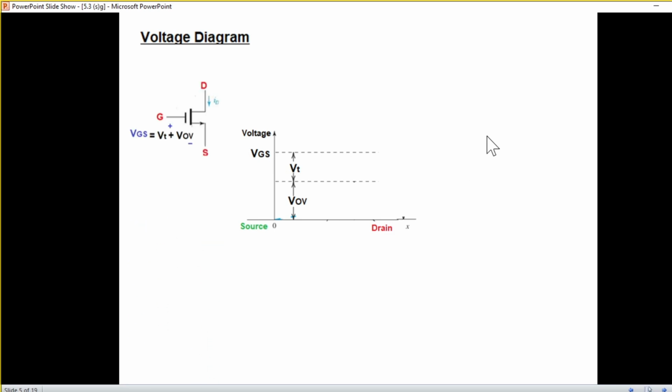See from this diagram here, VGS, the gate to source voltage, is equal to VT plus VOV. So we divide VGS into two parts. One important point is that VT is fixed, given in the question or by the manufacturer, and so VOV will be fixed for a particular VGS. So these two spaces are fixed.